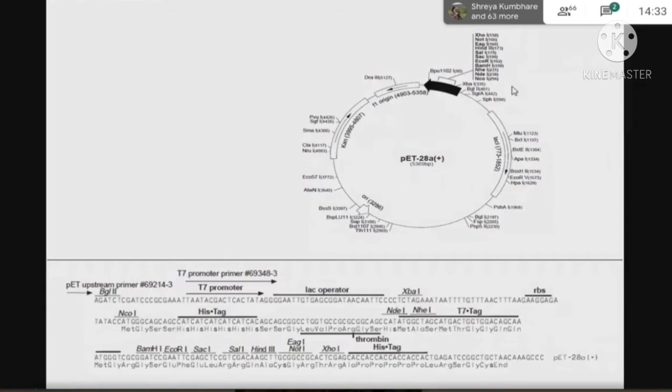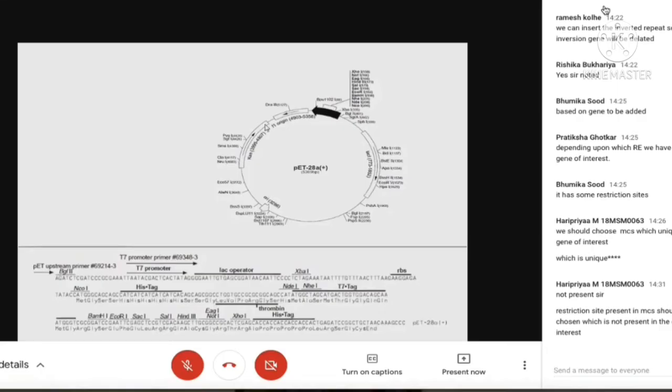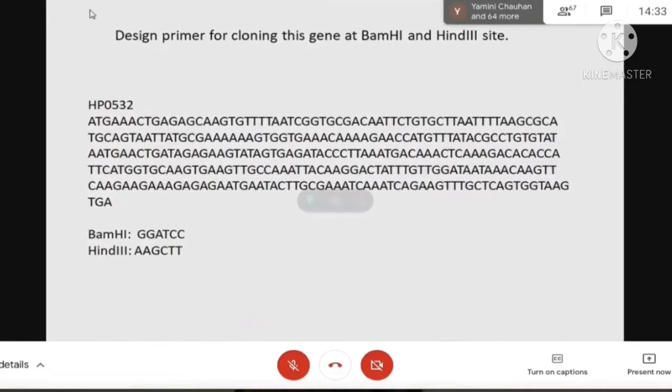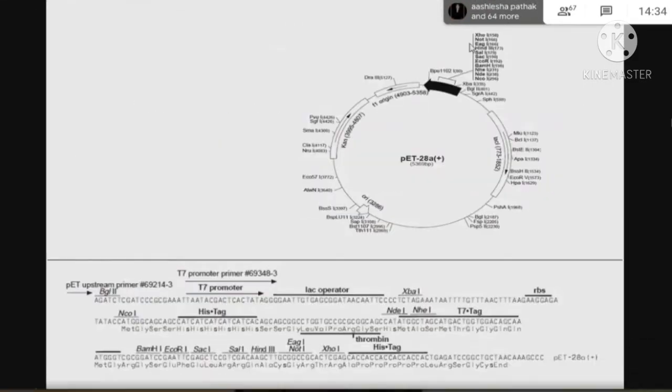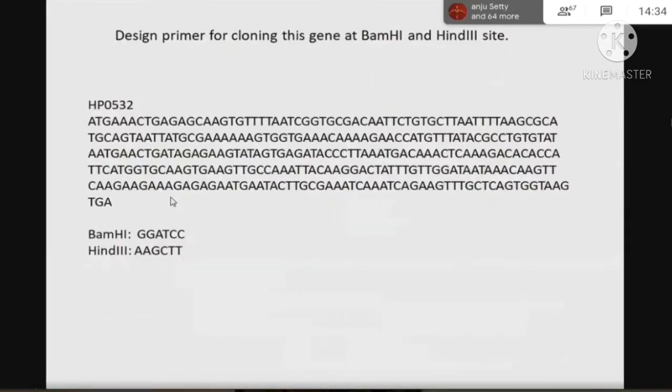If you have any question or doubt, you can repeat so that I can clear it, then we can go further. How can we search that? Out of these, the ones which are absent in our gene, only those can we choose. So how can we search?